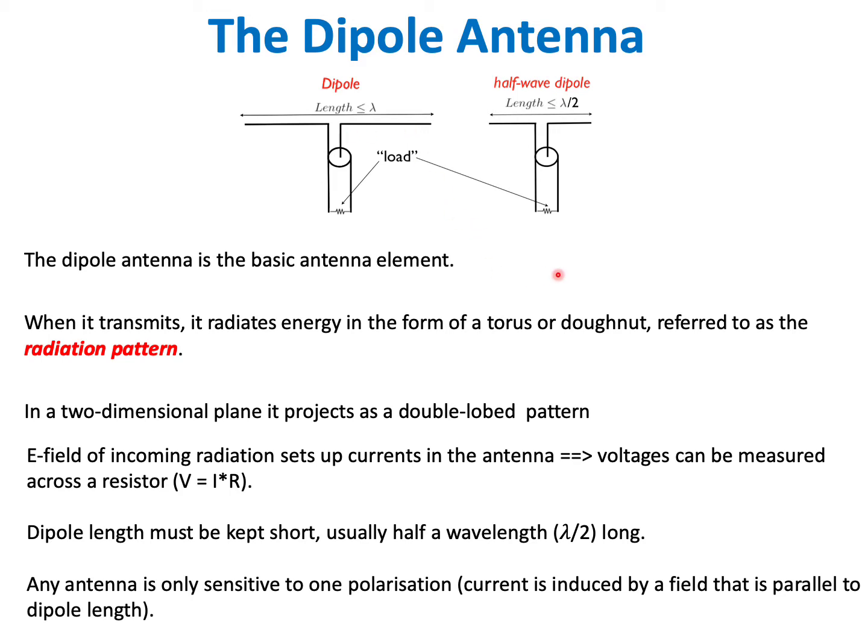And that creates a current. As long as we have some resistance, we can measure the current because, if you don't know, voltage equals current times resistance. So if we have a current, we need a resistance to be able to measure a voltage across that resistor. This resistor is in general our receiver.